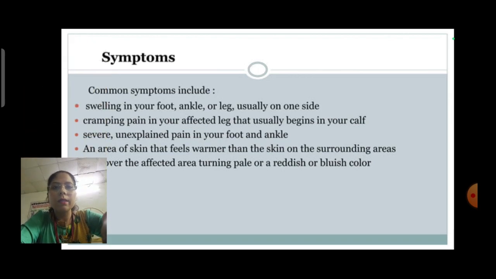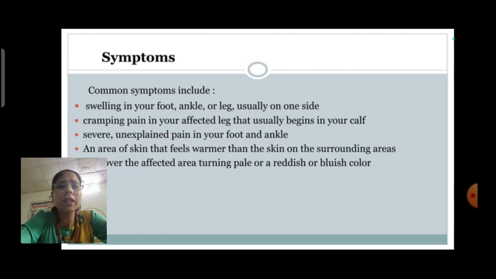So what are the symptoms? Common symptoms include swelling in your foot or ankle or leg, usually on one side only, and cramping pain in your affected leg that usually begins in your calf. It can be very severe unexplained pain in your foot and ankle.